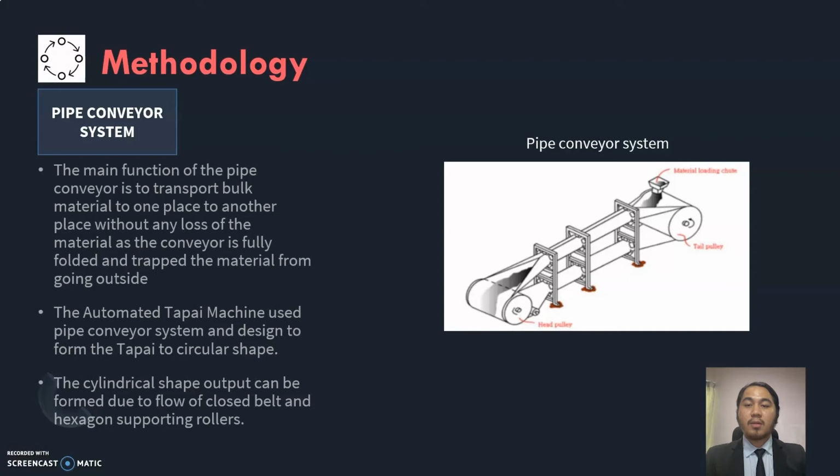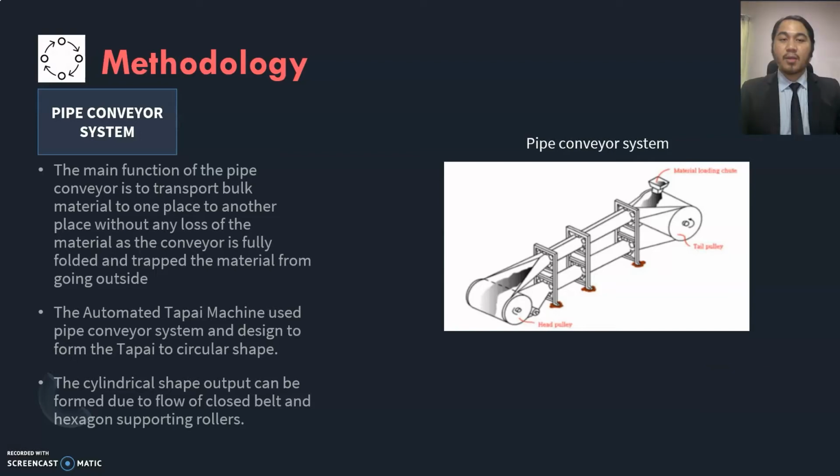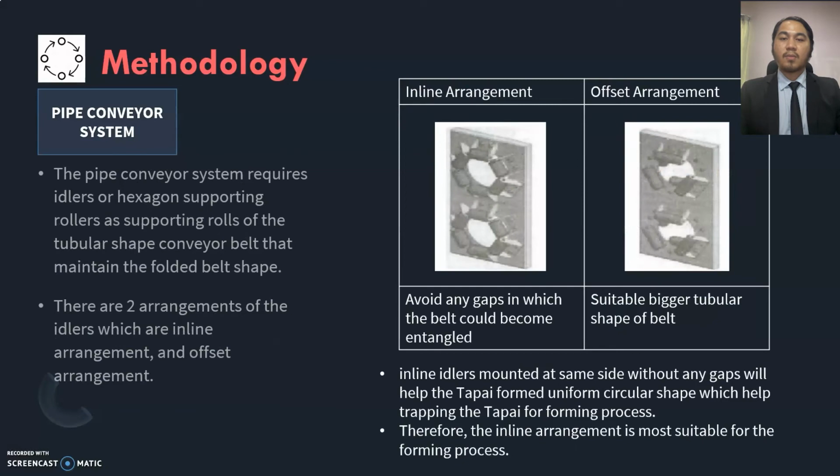The cylindrical shape output can be formed due to the flow of closed belt and hexagon supporting rollers. The pipe conveyor system requires idlers or hexagon supporting rollers as supporting rolls of the tubular shaped conveyor belt that maintain the folded belt shape.